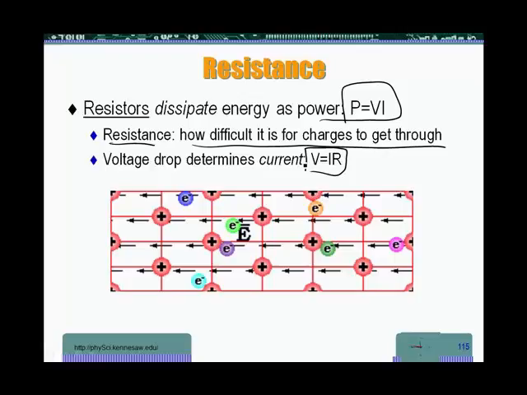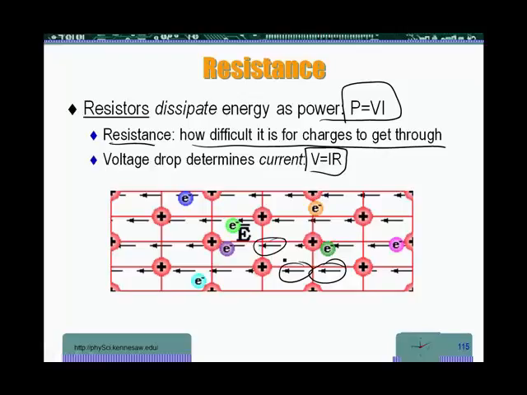One thing I would like to point out before going on: when we set up a battery in a circuit, the effect of the battery is to exert a force on the charges in every element in the circuit. So this is a graphic representing that. This is the electrical field due to the battery.